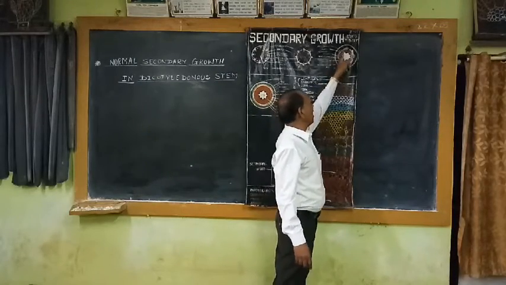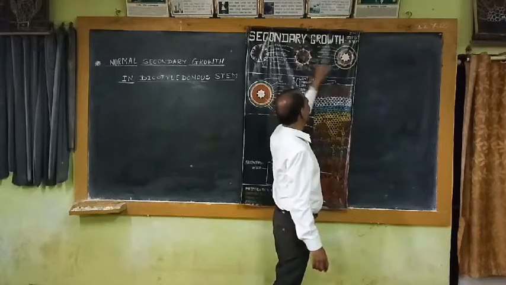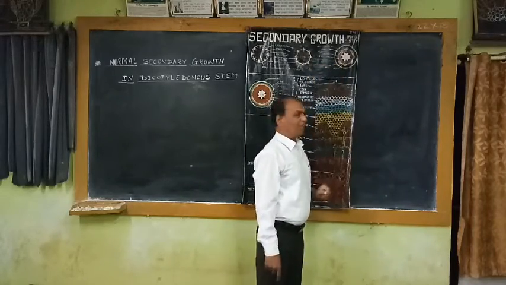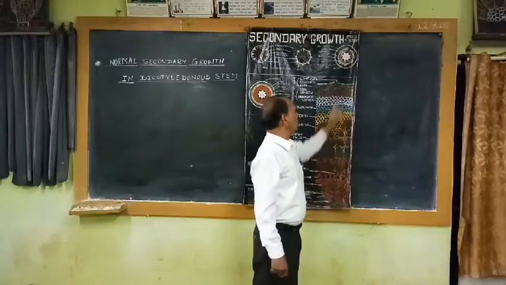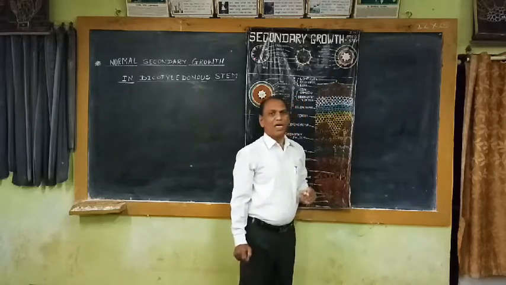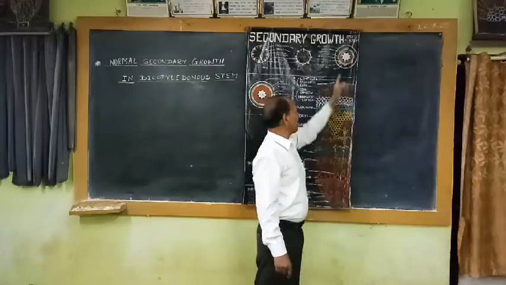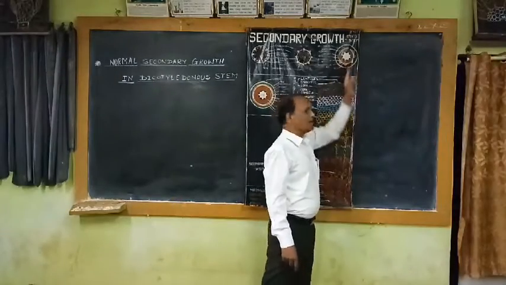So this red band at the inner side of this white band is indicative of vascular cambium. The red band indicates addition of secondary xylem due to activity of this vascular cambium. The peripheral side is occupied by secondary phloem. So secondary phloem is added by the cambium at its peripheral side, and secondary xylem is added by this cambium at its inner side.